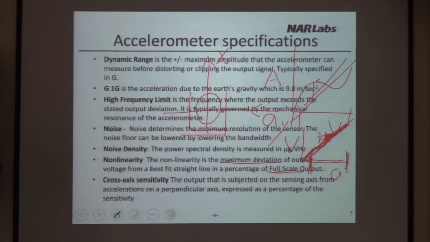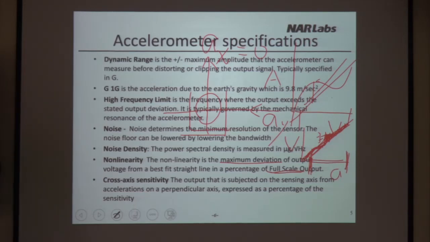In the ideal world, because your design is to measure AX, if there is AY input to your sensor, your AX output should be 0, because you only want the AX value.